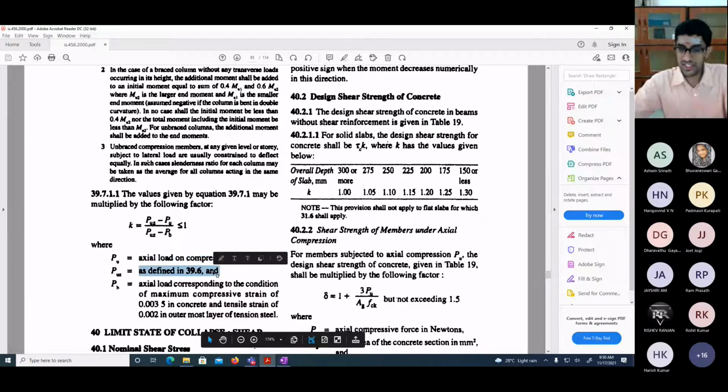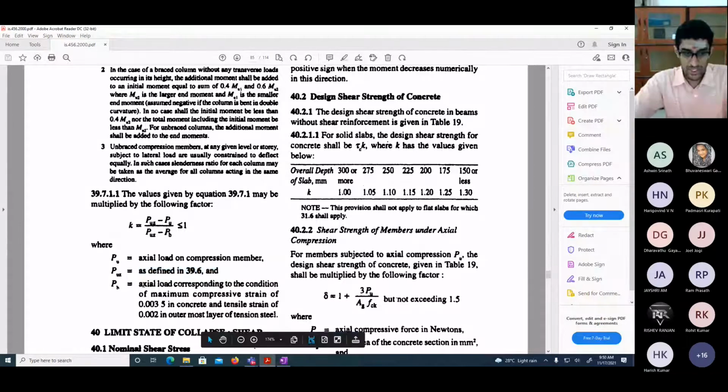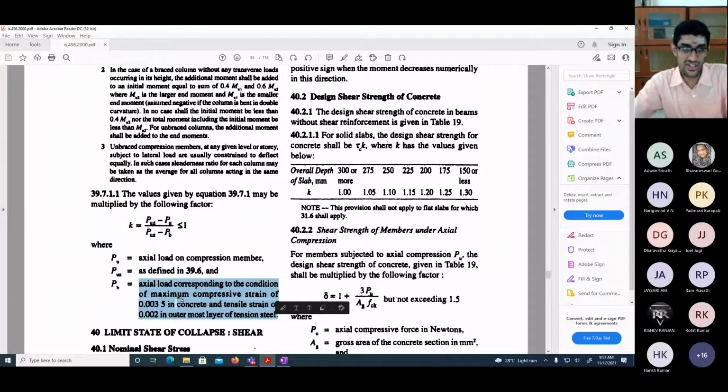PUZ is the same PUZ which you calculated yesterday for a biaxial bending problem. And PB is the axial load corresponding to the condition of maximum compressive strain of 0.0035 in concrete and tensile strain of 0.002 in the outermost layer of tensile steel. This is not something which is very directly apparent to us, how we should calculate PB.